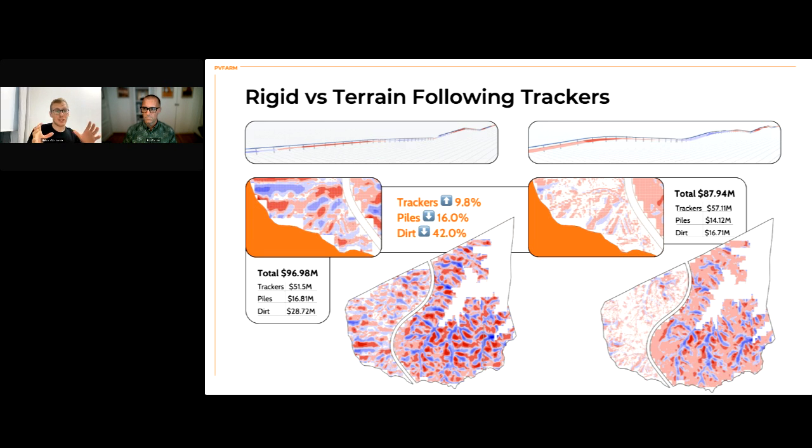So this is very project specific, and this is why it's crucial to have a tool where you can quickly analyze whether it makes sense for your project. I cannot give financial advice, and there is no rule to follow, right? You need to have a specific terrain, specific trackers, specific limitations, and run and compare it on a specific example. And it's going to be different from one to another.